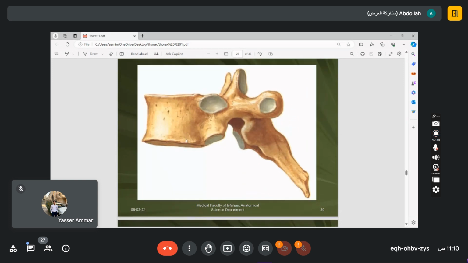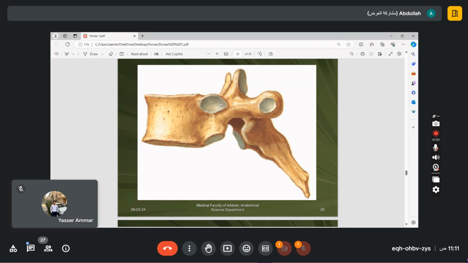This is a bigger, lateral view of the vertebral. For example, this is the body, here is a pedicle, here is a superior and inferior articular process. This is a transverse process, and this is the spine of the vertebral bones. Here is a face, here is a face, here is a face. These three faces are for the rib bones.